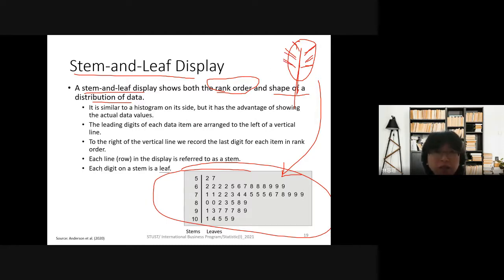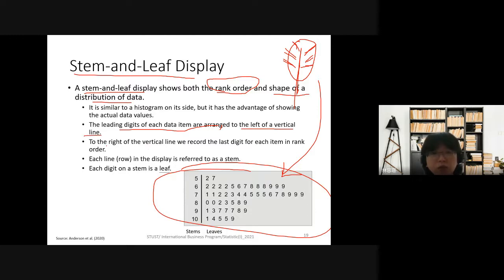It is very similar to a histogram on its side. But it shows the leading digits of each data item arranged to the left of a vertical line.